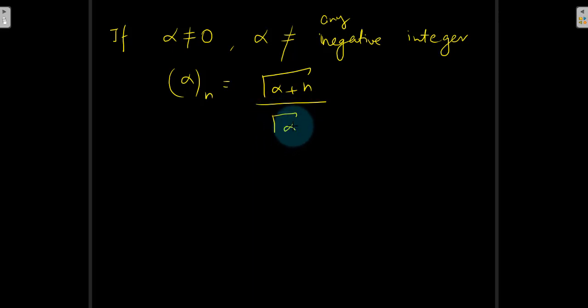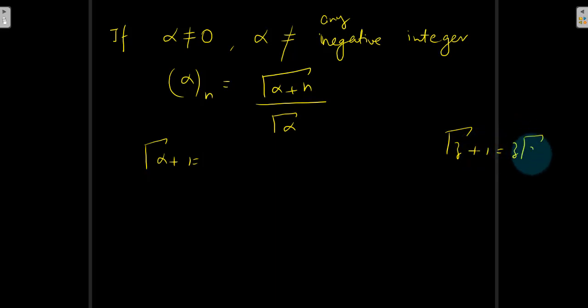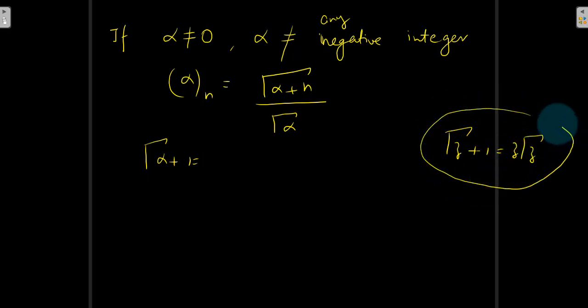Okay, so how will we prove this? It is a very easy result. You have already proved that gamma of z plus 1 is z gamma z. I gave it to you as an assignment today, using the Weierstrass definition or product of the gamma function.